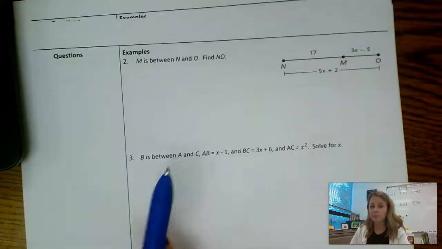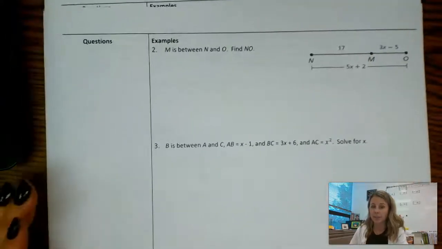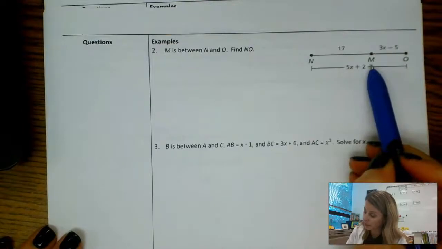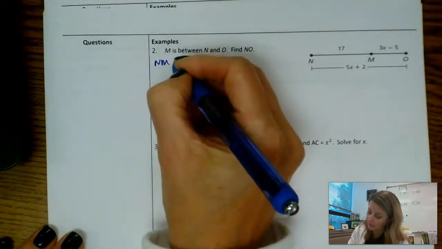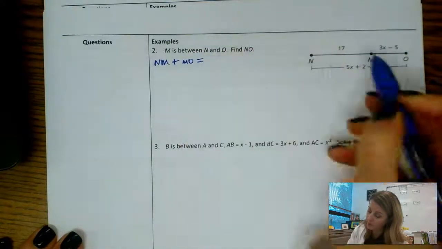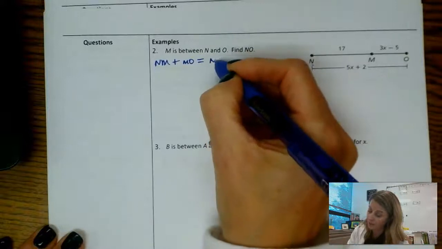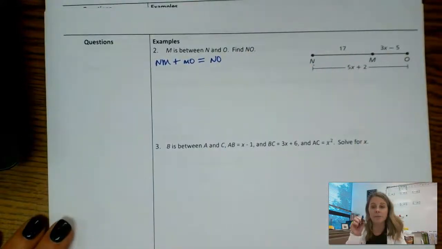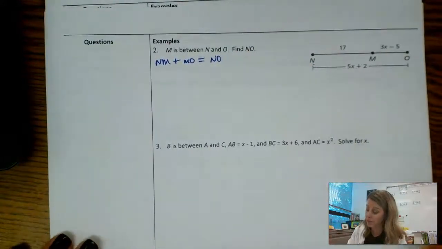On this first example, I want to write the segment addition postulate out as an equation: the length of NM plus MO is equal to the whole thing, NO. Then we can just substitute into the equation.